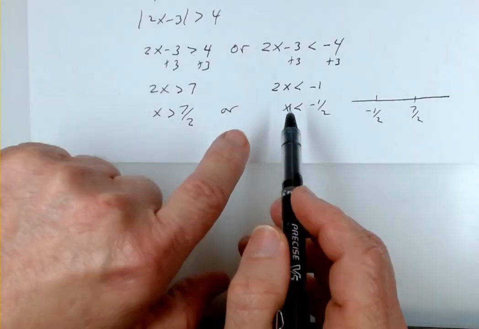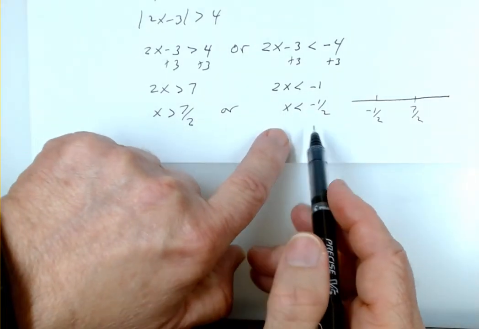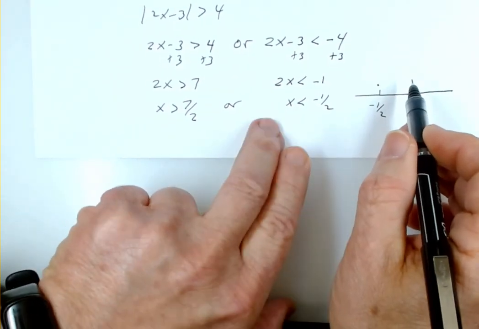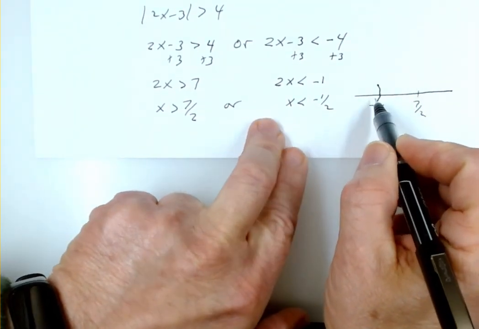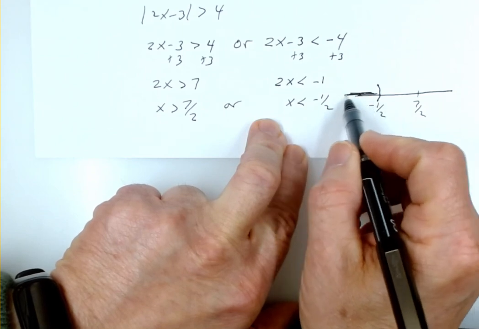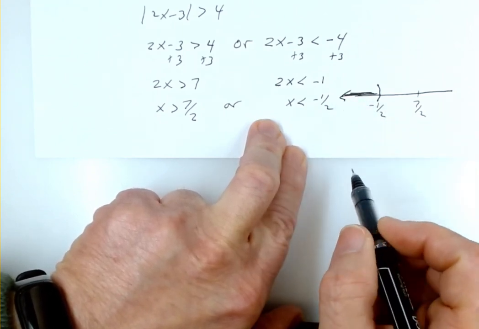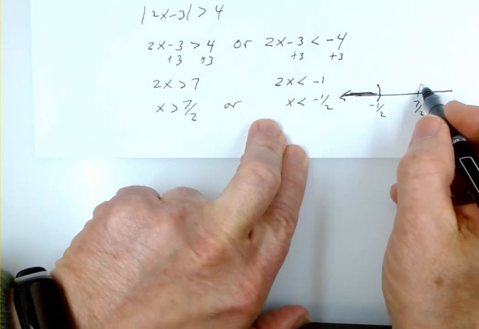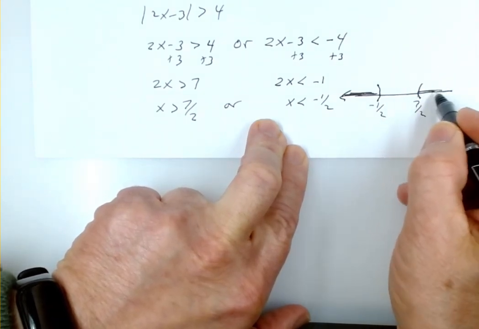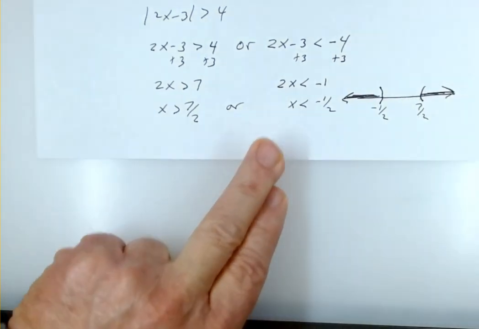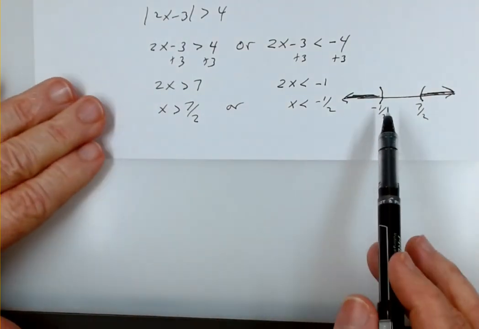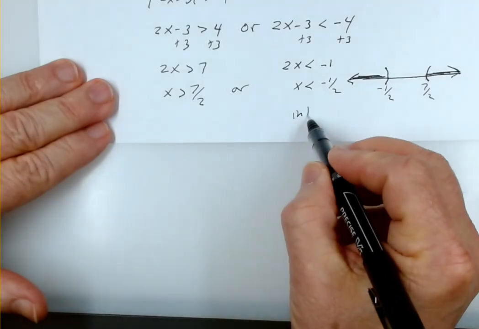If x is less than negative 1/2, I'm going to put a parenthesis, because there's no equal sign, going to the left with an arrow. Over here, x greater than 7/2 means parenthesis going to the right. Don't forget your arrow. And now you know your interval notation, so you go from left to right.